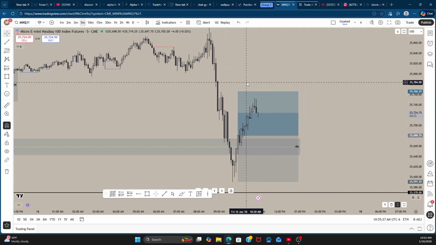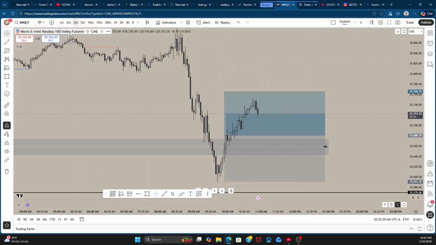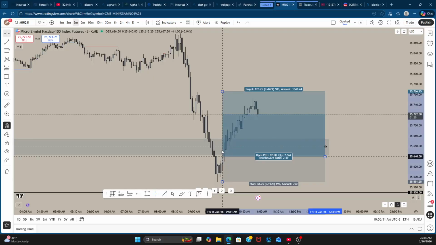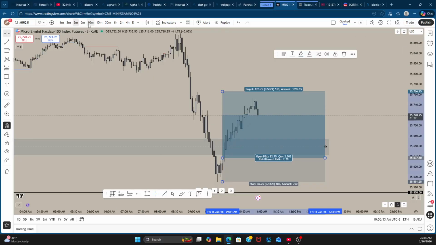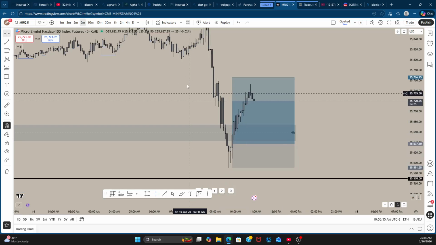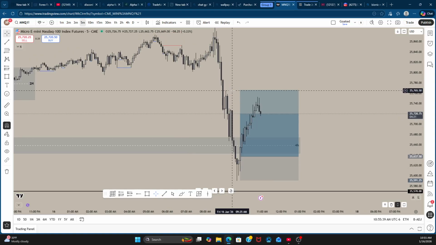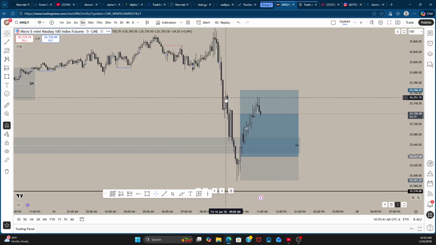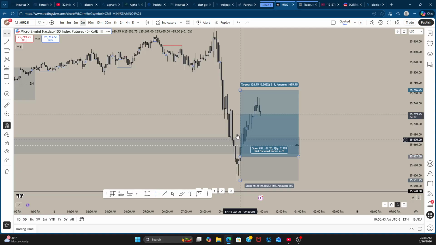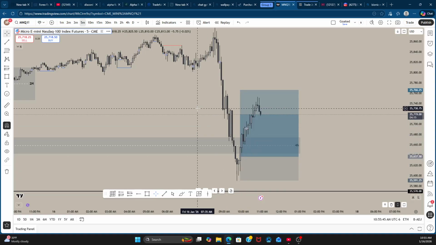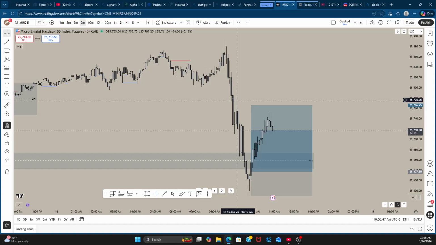Nah, he definitely took something else. Or he got in on this 3-minute. I don't know. Maybe he took shorts. That's 9:05. This is around 9:50. No, this was definitely not the long he took. He took shorts. He had to have took shorts down to this 4-hour.